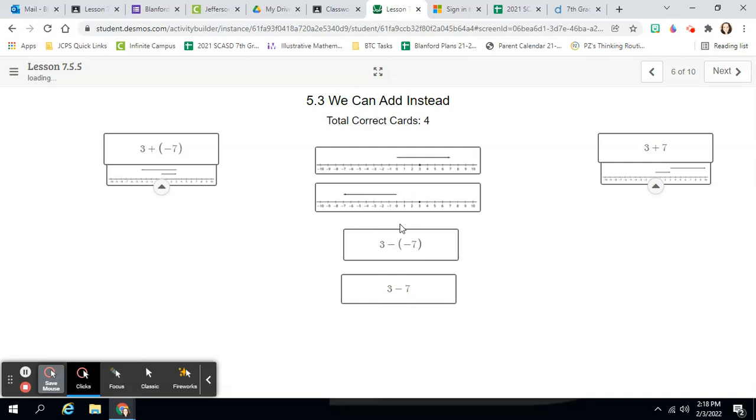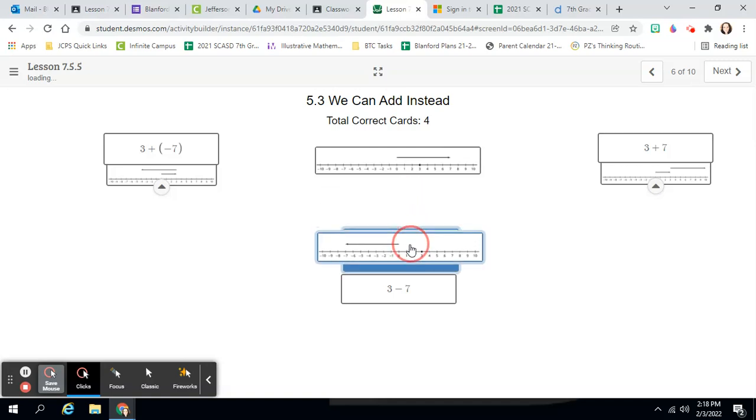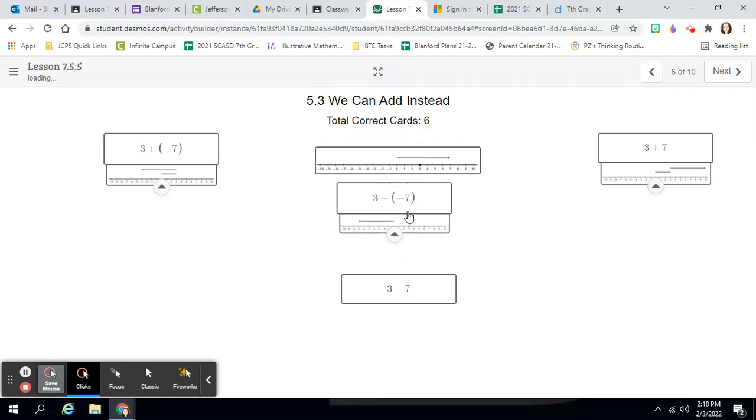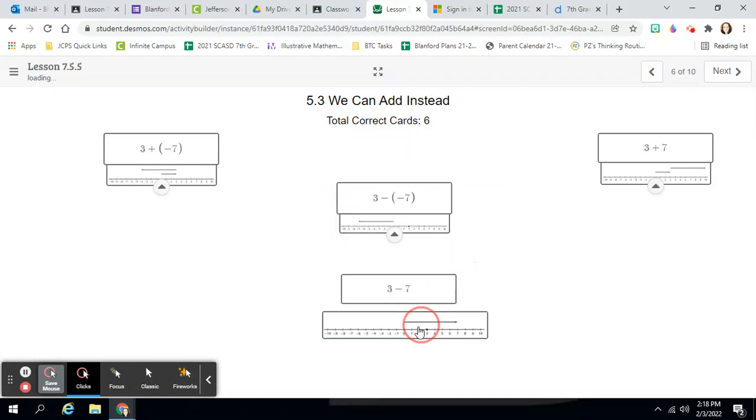So the way I matched these up is that I saw this was going backwards, like -7. So I matched that with the one that was subtracting -7. Likewise, this one is showing that we're subtracting a +7, and this is showing a +7 on the number line. Okay?